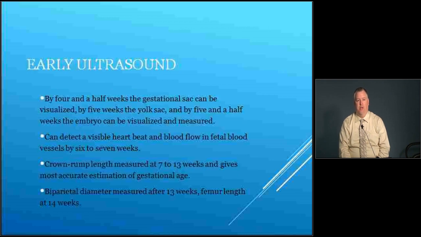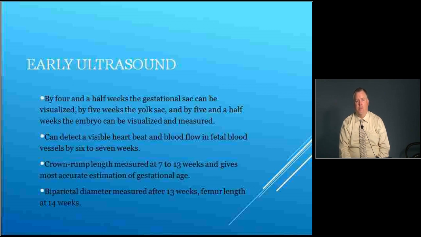Early ultrasound is an ultrasound that's done in the first part of the first trimester. By 4.5 weeks of gestation, the gestational sac can be visualized, and by 5 weeks you can see the yolk sac. And by 5.5 weeks, the embryo itself can be visualized and measured.